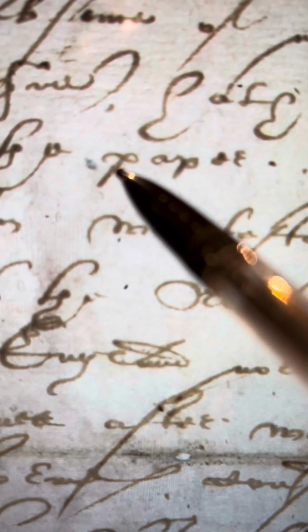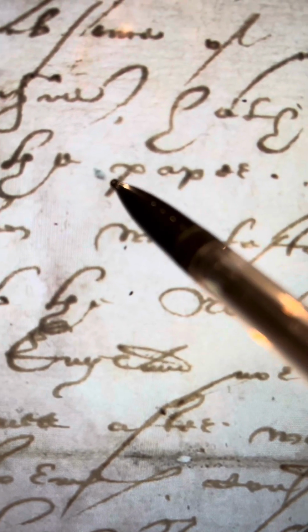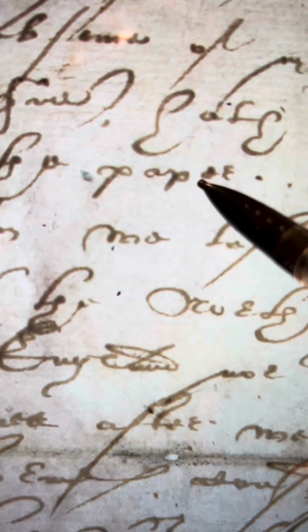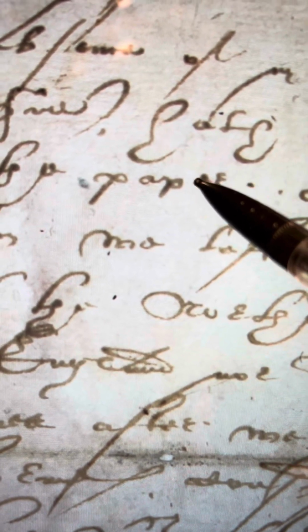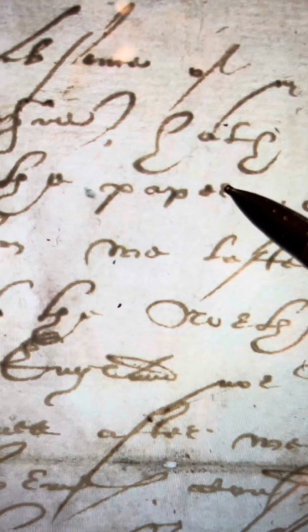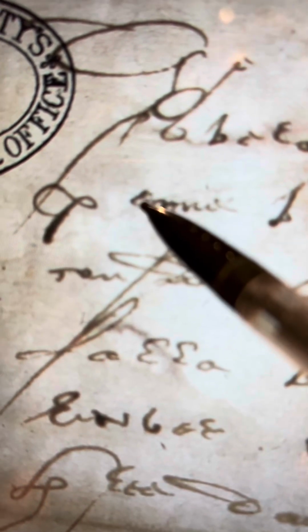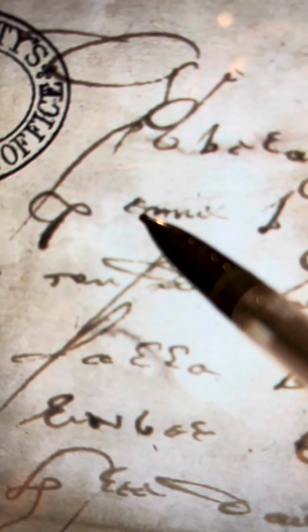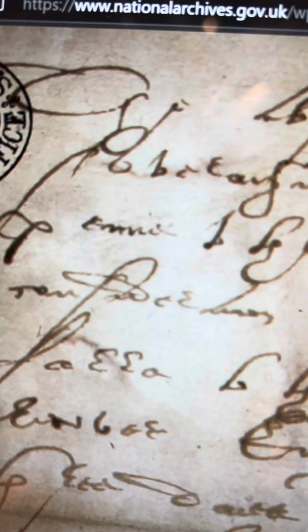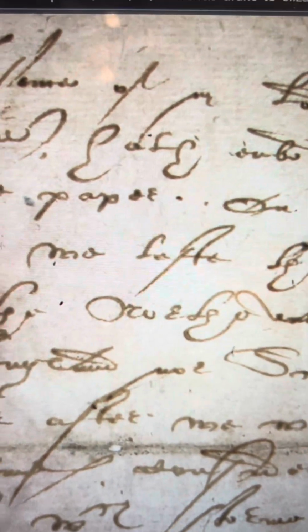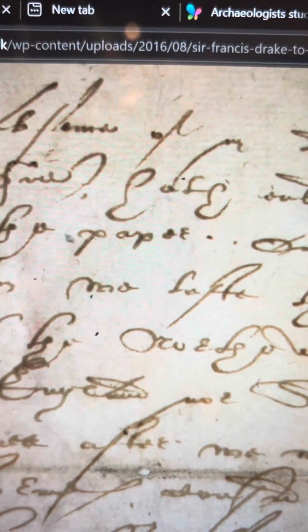And then paper is written pretty much as we'd expect. P, A, P, and again E, and then his fancy R. But you can see this R and this E look pretty much the same, although they are in fact E and R. So that's basically the first line.